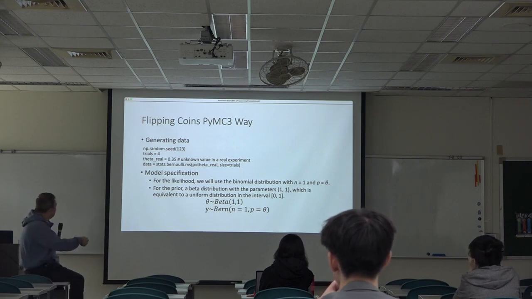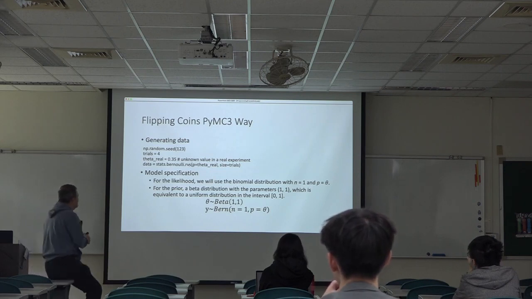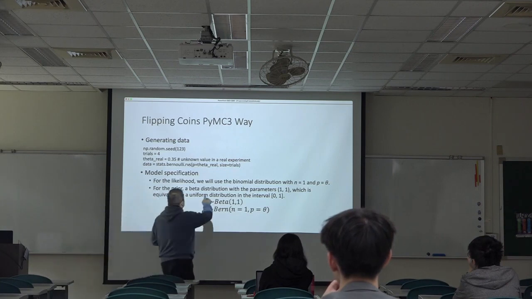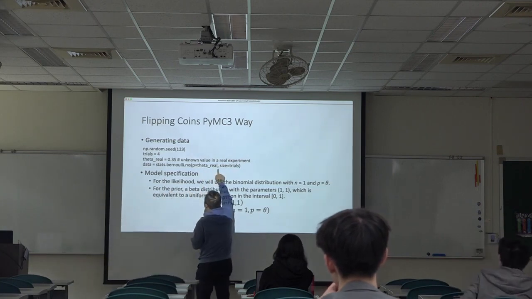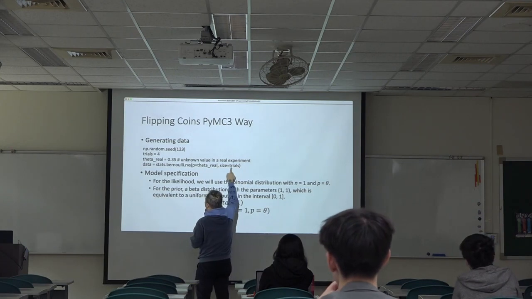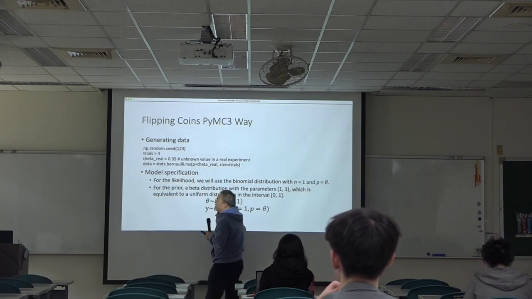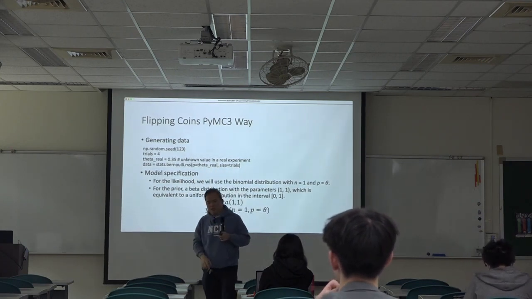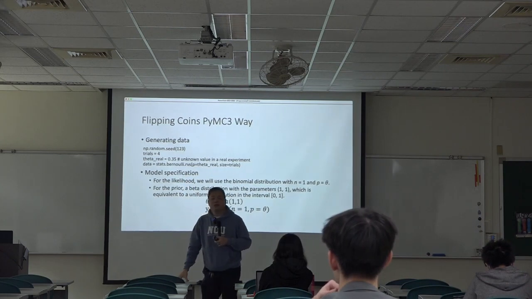So data equals stats.bernoulli.rvs, using this theta value 0.35 and the trial to generate the data, which consists of several flipping results. It could be 0, 1, 4 of them.